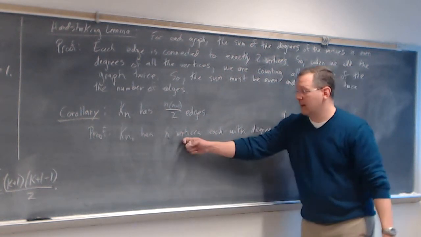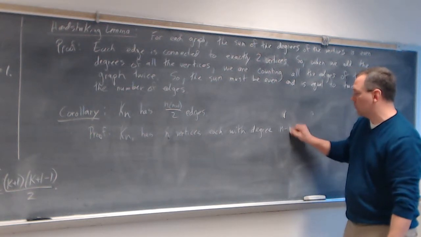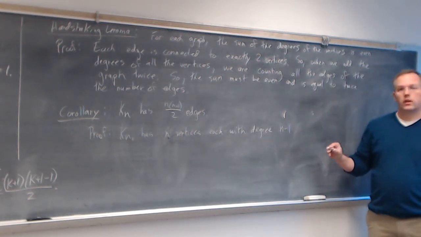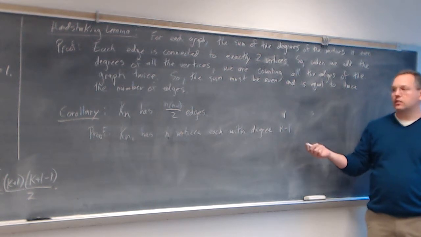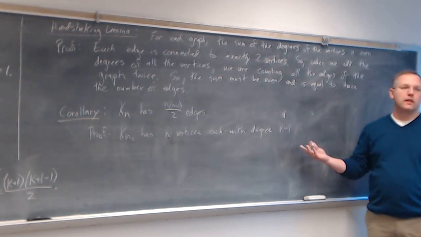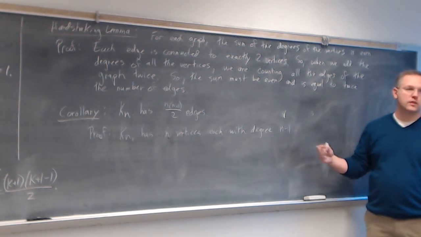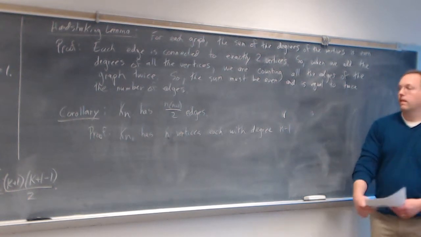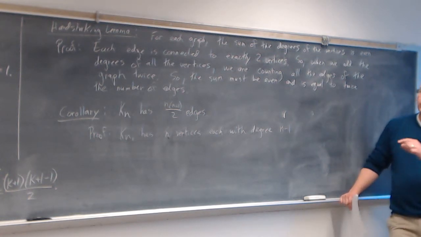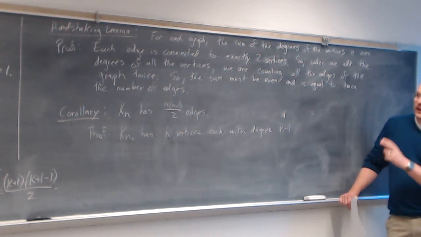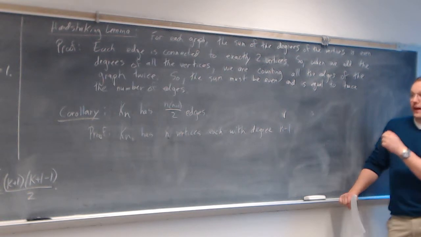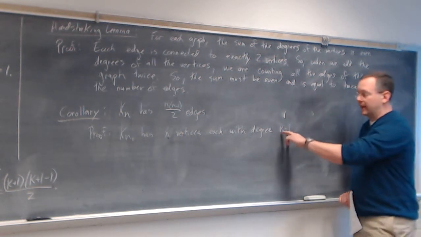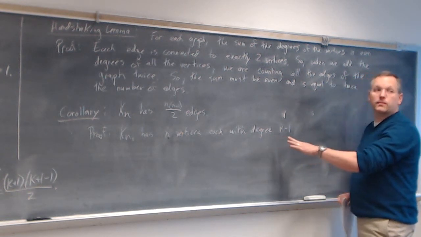So Kn has n vertices, each with degree n minus 1. Say if there are 10 vertices, then each one has 9 edges connected to it. If there were 100 vertices, each one would have 99 edges connected to it. They don't count themselves. We're not going to have any loops where any vertex is connected to itself. That just means it has n minus 1 edges connected to it.